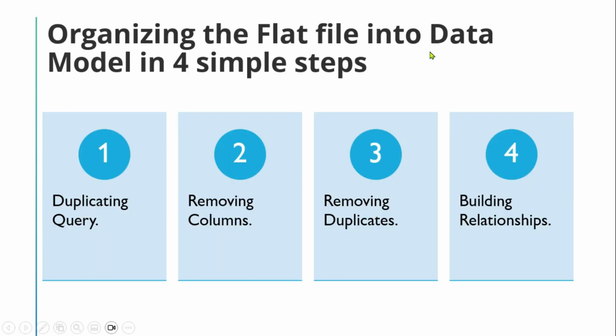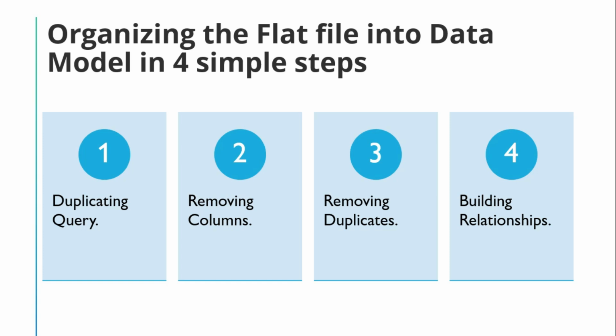Now you understood the basic data modeling concepts: what is data modeling, what is a star schema, what are fact tables and dimension tables, and what is the difference between them. Okay, so now I am going to share with you 4 simple steps to break down your flat file into a data model. Yes, you got it right, just 4 simple steps. If you don't know, a flat file consists of a single table containing all the columns needed for the analysis.